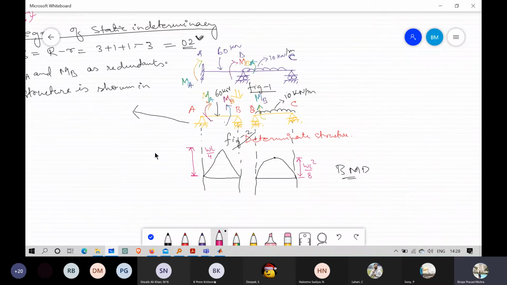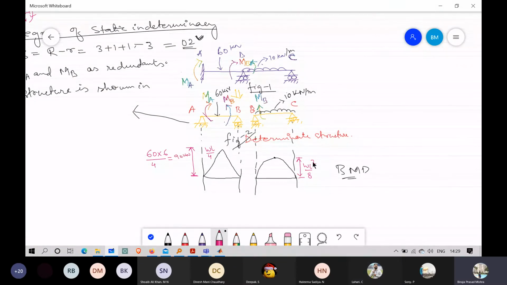So this WL by 4 will be how much? This is 60 into L. How much is L given in the question? 6. So W into 6 by 4, and this is coming as 90 kilonewton meter.